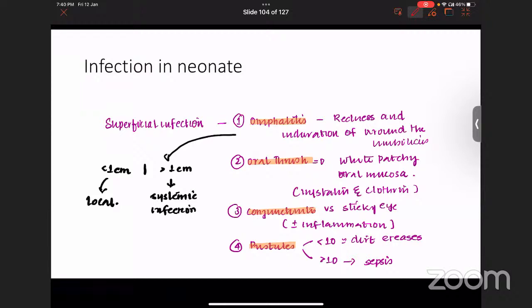What are the superficial infections like omphalitis, oral thrush, conjunctivitis, pustules? These infections are not neonatal sepsis, mind you, right?